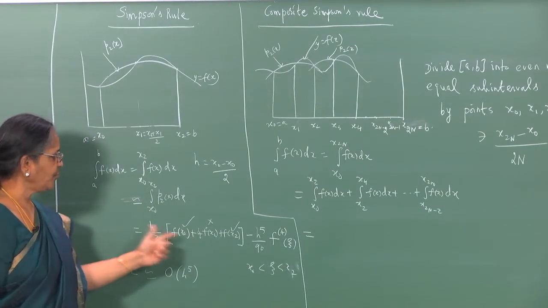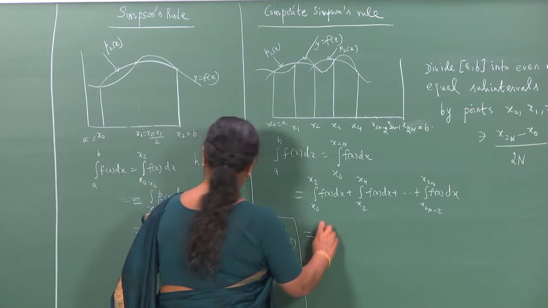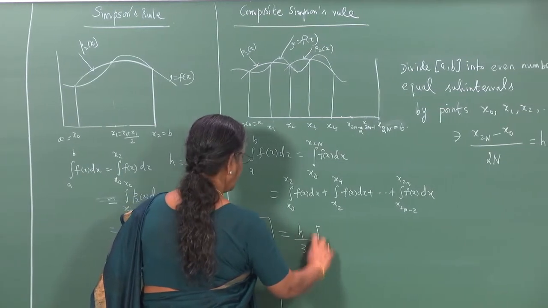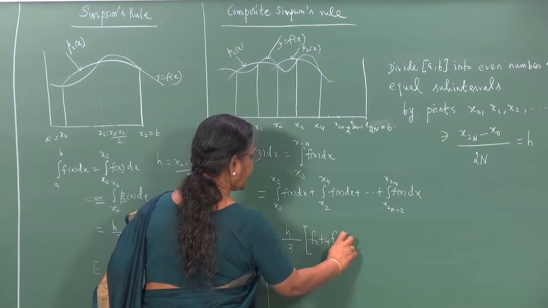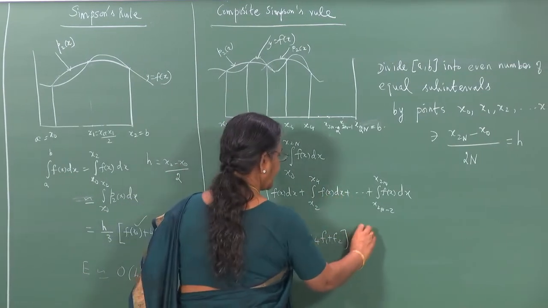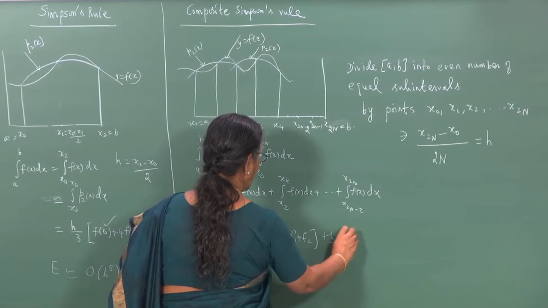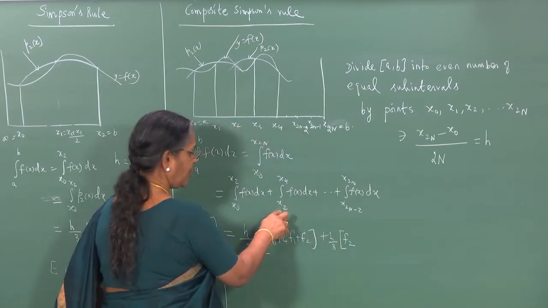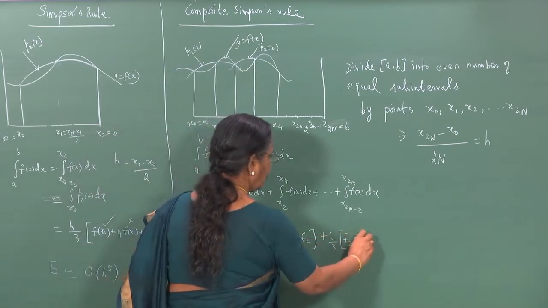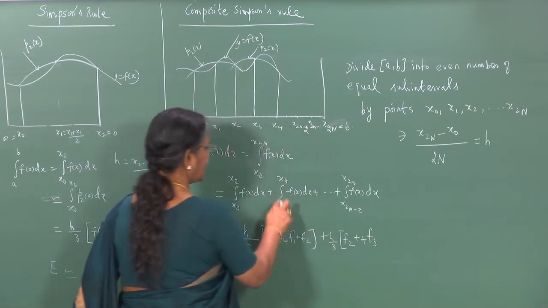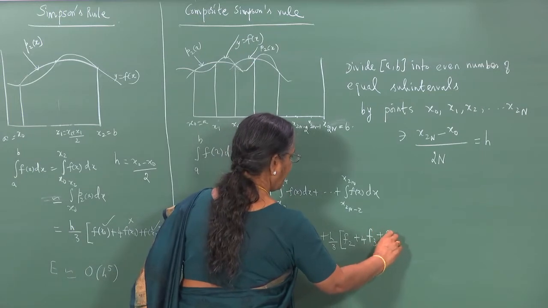So, I will have h by 3 into, in this interval, f naught plus 4 f1 plus f2. In the next interval, h by 3 into f2, that is the value of the ordinate at x2, plus 4 times the intermediate point, that is f3, plus f4.